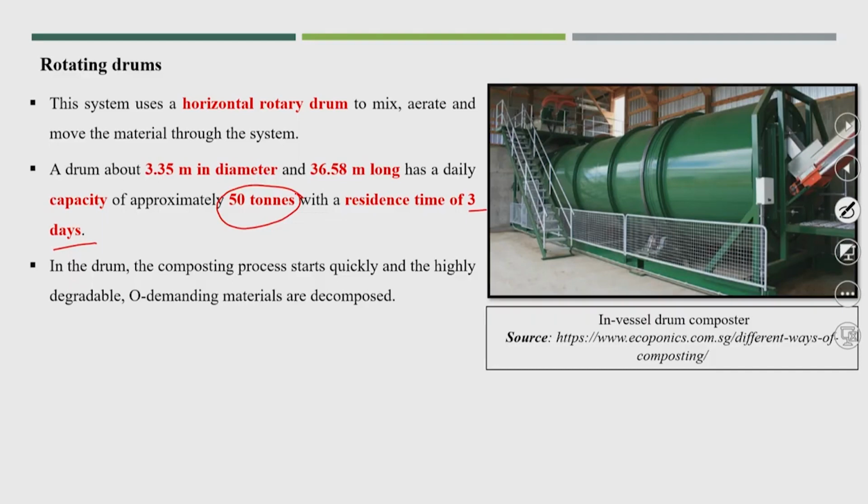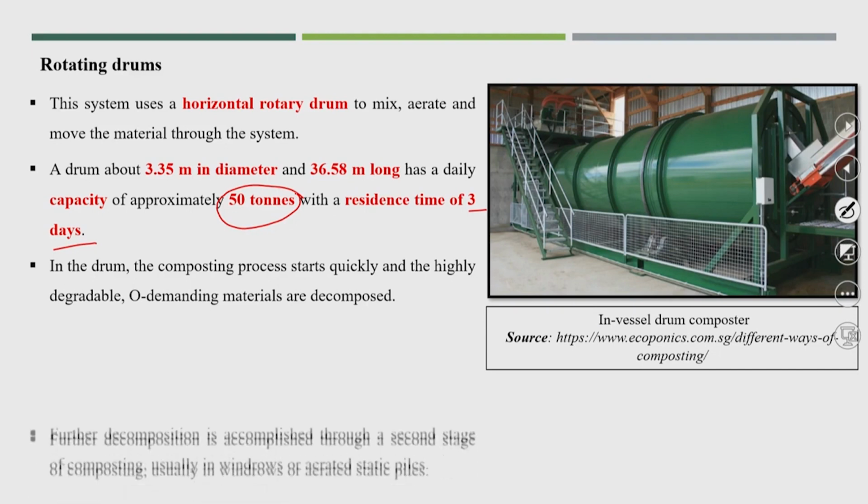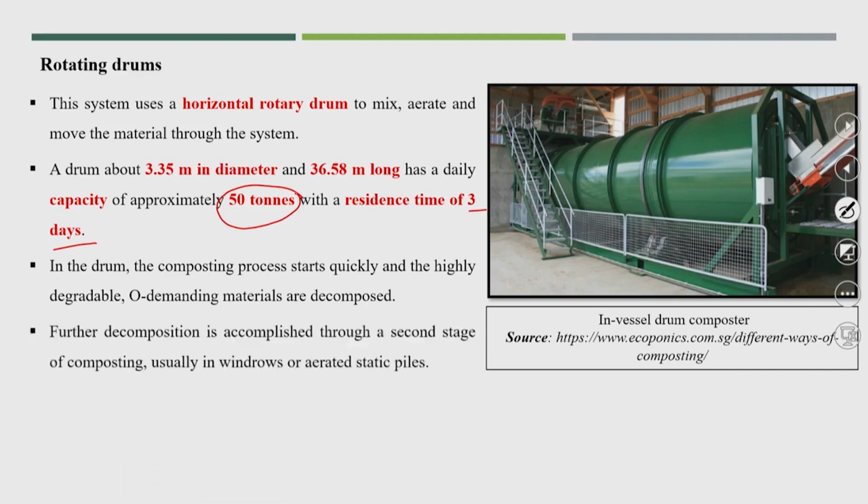So, in the drum the composting process starts quickly and the highly degradable, oxygen demanding materials are decomposed. Further decomposition is accomplished through a second stage of composting, usually in a windrow or aerated static pile. This is the second stage. So, the first stage is in the rotary drum and the second stage is windrow or aerated static pile degradation.